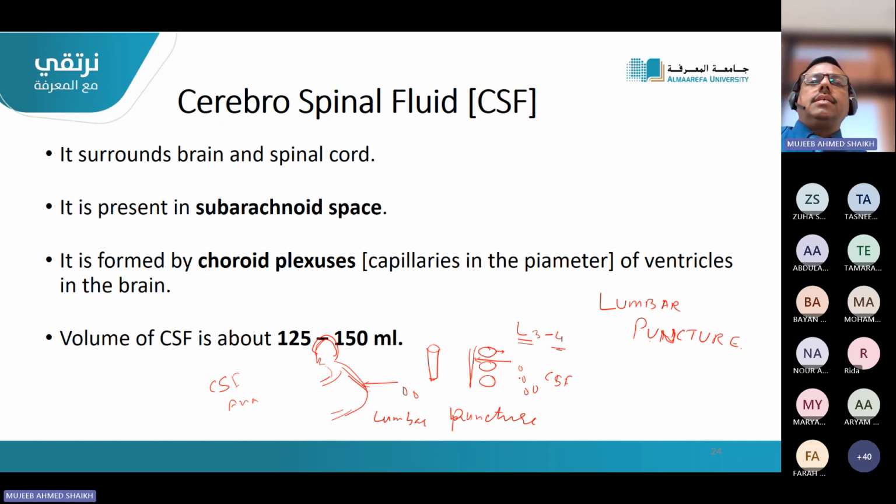So lumbar puncture is to get the CSF and do the analysis for any disease related to the CNS, either central or peripheral nervous system. If the person is comatose, has some consciousness problem, or is suffering from any infection in the brain, we do CSF analysis, and it is taken by a procedure called lumbar puncture.